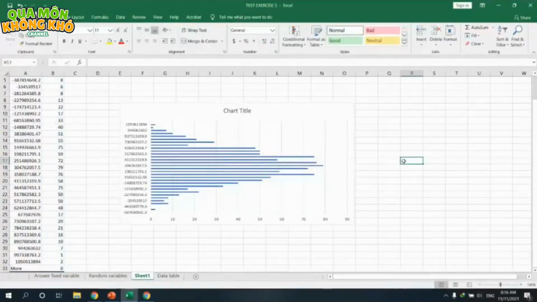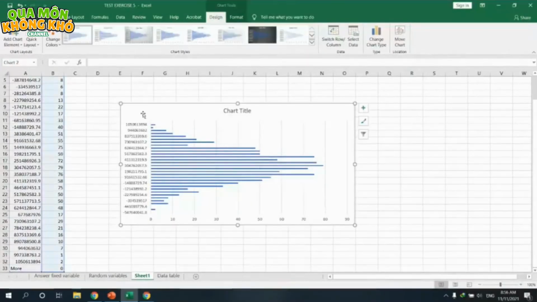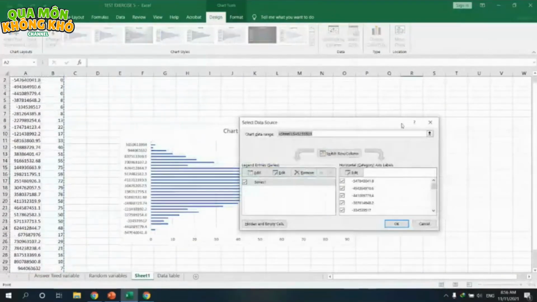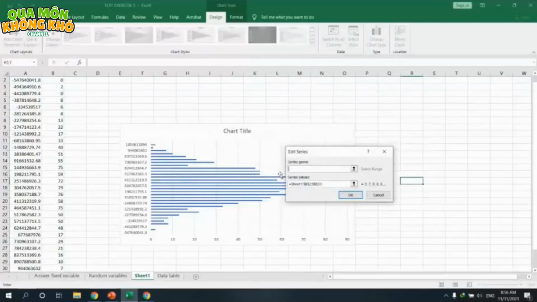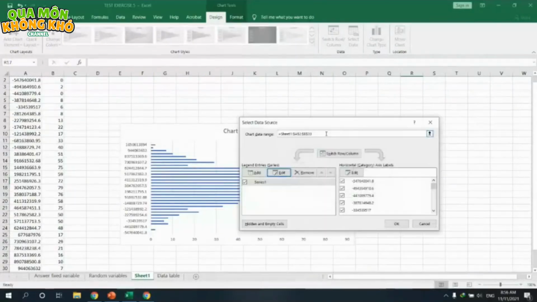But why did you change the axis? You can do it again. Just switch row and column.